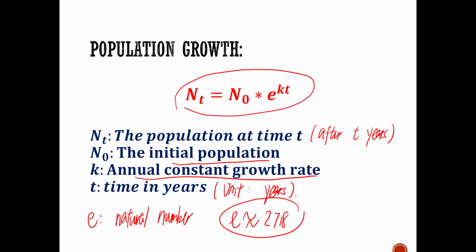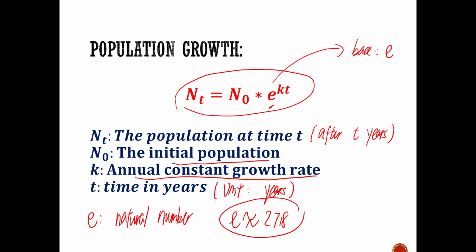Natural exponential function is used to capture the continuous compounding phenomenon. Okay. So that's why this model, the base here, right? Base is e, and captures continuous compounding nature.